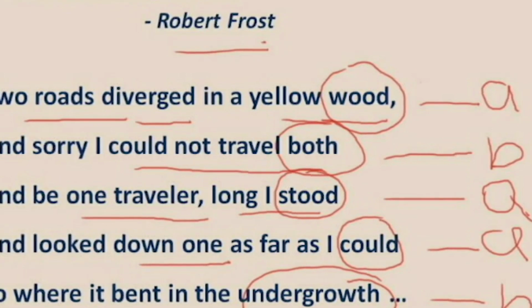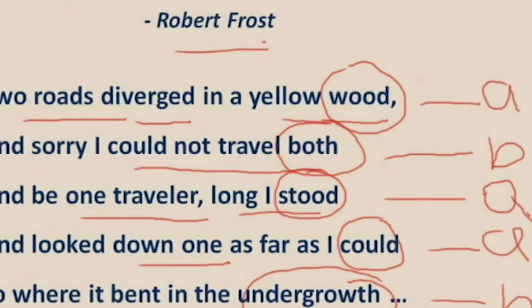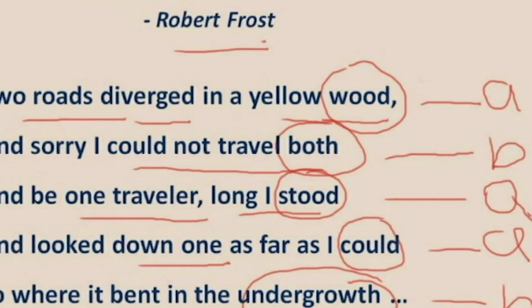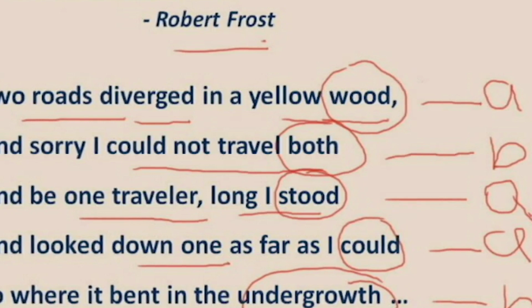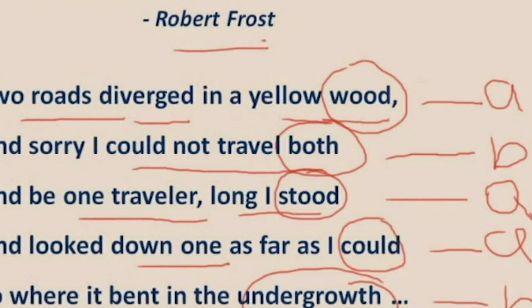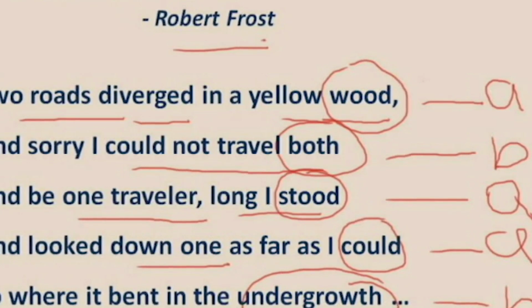Now, sometimes people use symbolism in their poem. If somebody is writing a poem about the different stages of life, he can also use the symbolism of the different stages of a river or the different types of weather, different seasons like this. Here, we all have choices in our life.